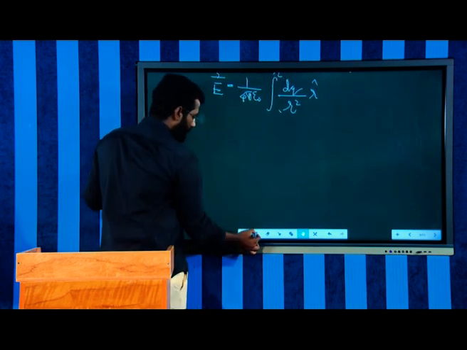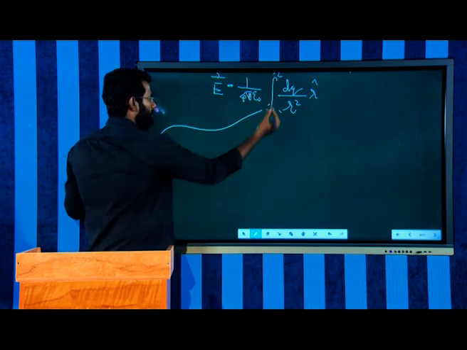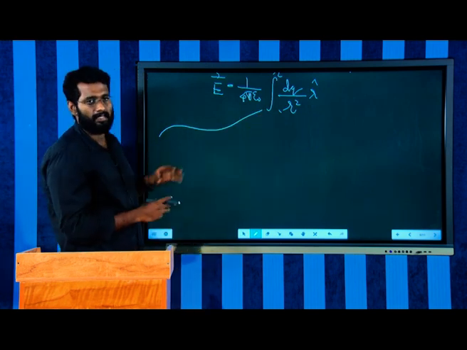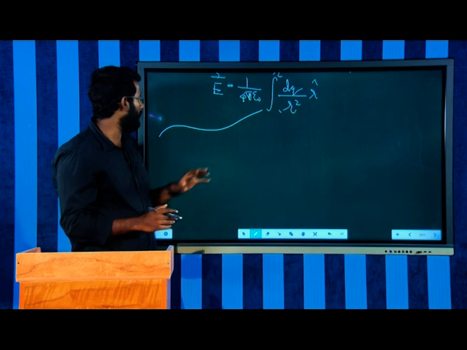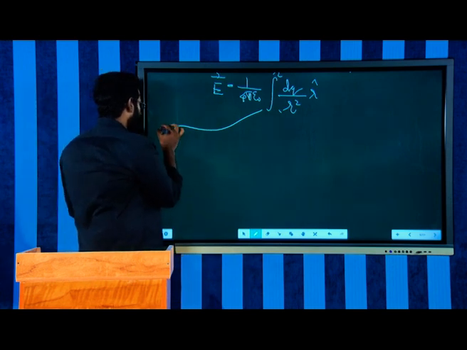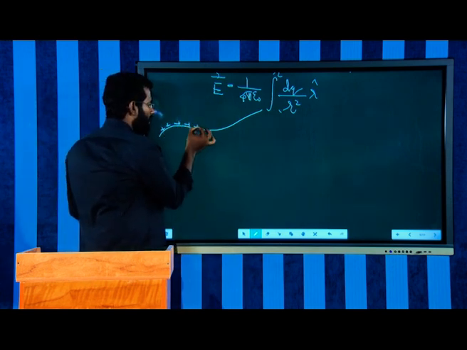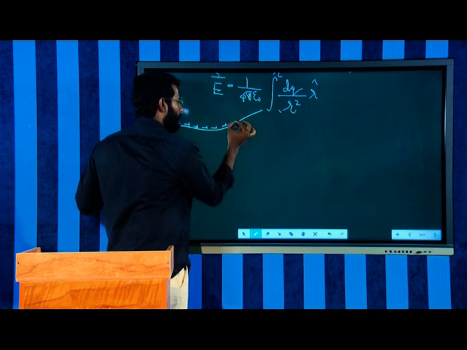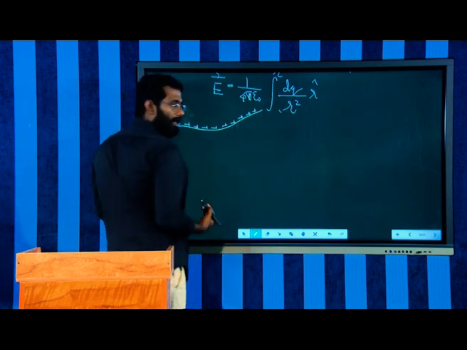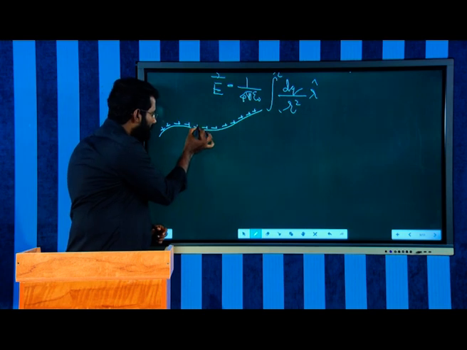So, now imagine you have a line something like this, and a charge is distributed over this. That means some positive or negative charge is distributed continuously over it. Now, I am considering a small piece of that, say this piece.